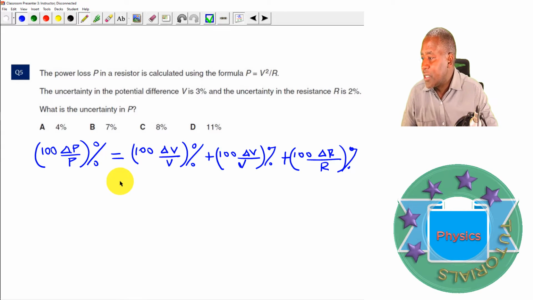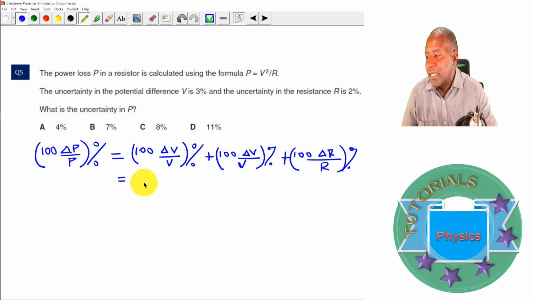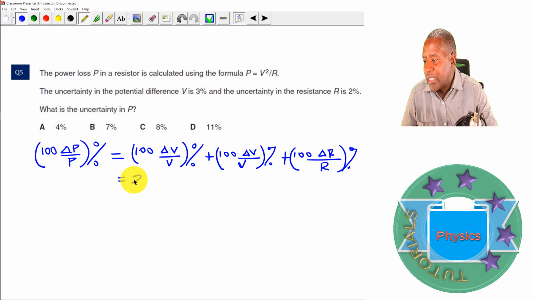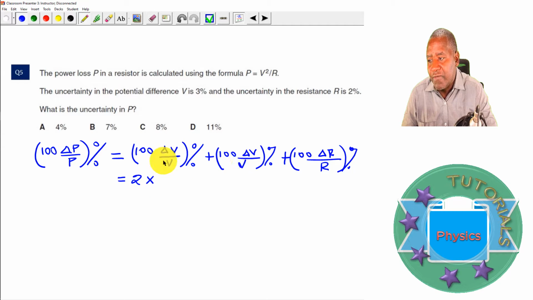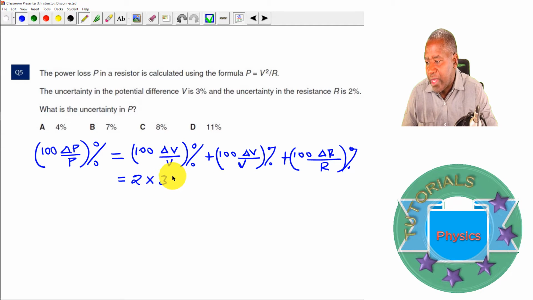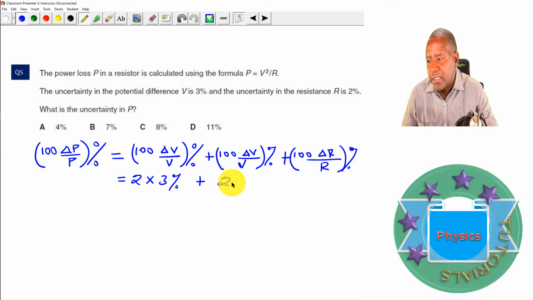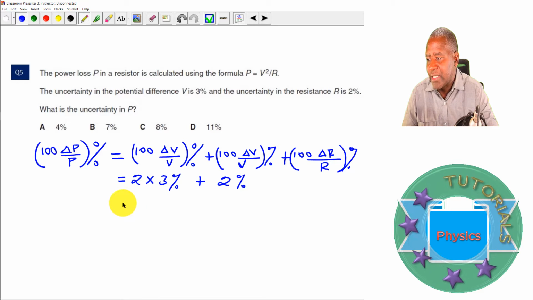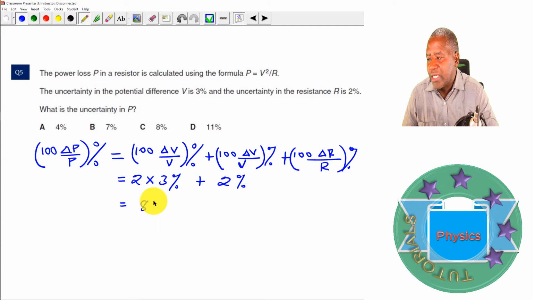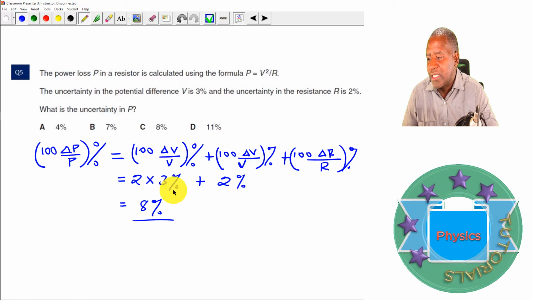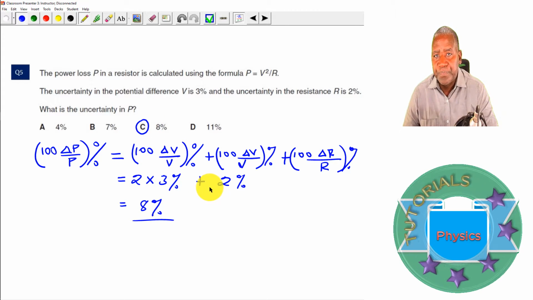So let's proceed with this, because what we want is the percentage uncertainty in P. So we are going to get 2 times the percentage uncertainty in V, which is 3%, plus 2%. And this being 6 plus 2, we get 8%. And that is how the answer becomes C.